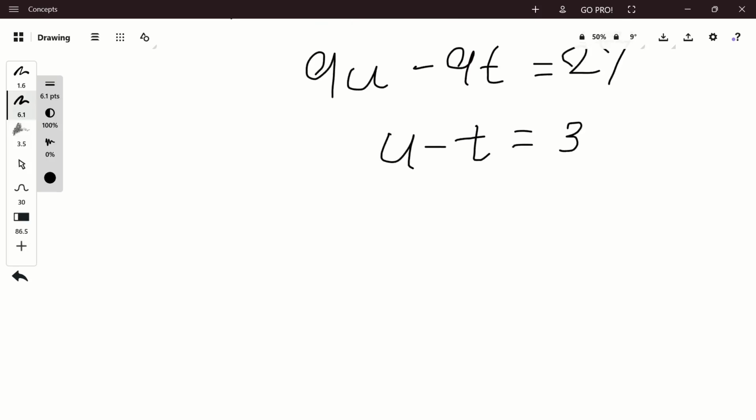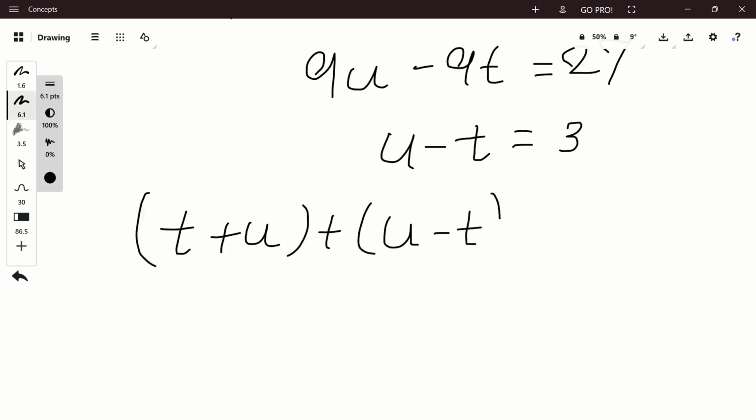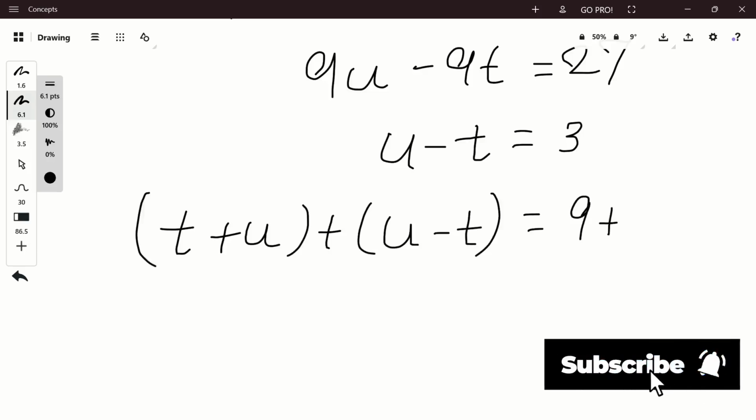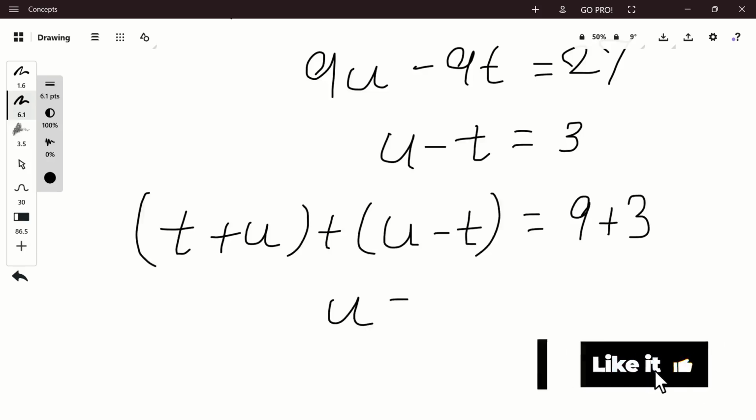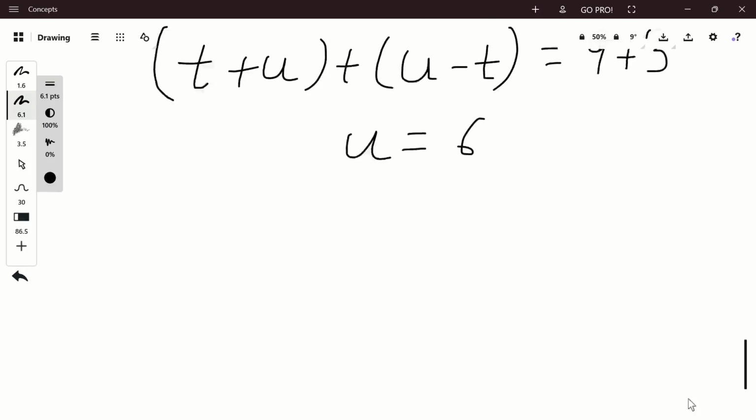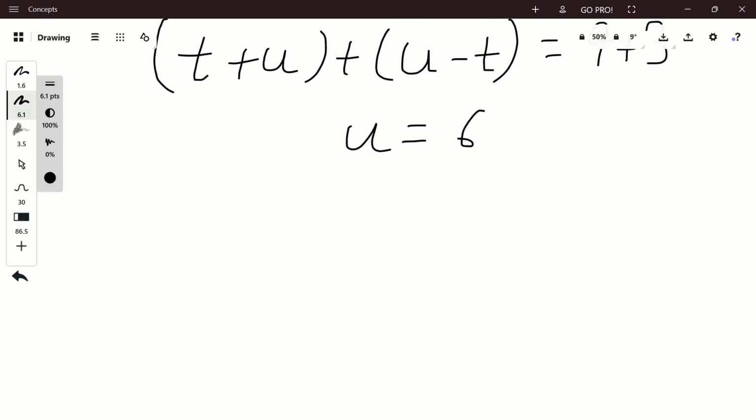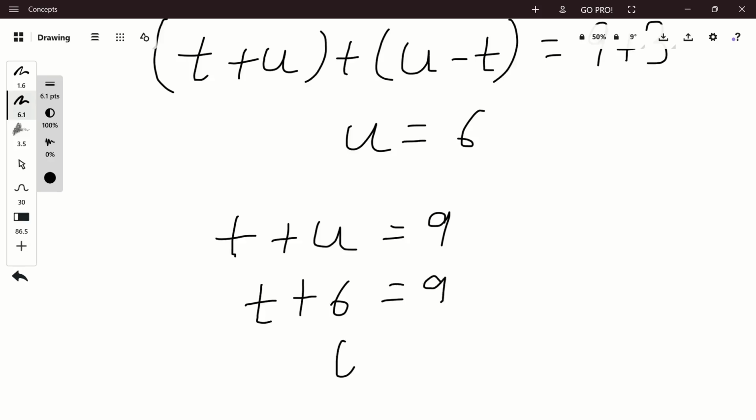Adding both the equations, we have t plus u plus u minus t is equal to 9 plus 3, which gives us u as 6. Substituting u in equation 1, we have t plus u is equal to 9, that is t plus 6 is equal to 9, so t is equal to 3.